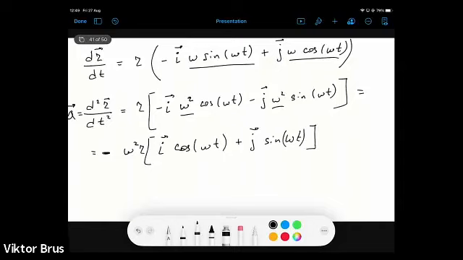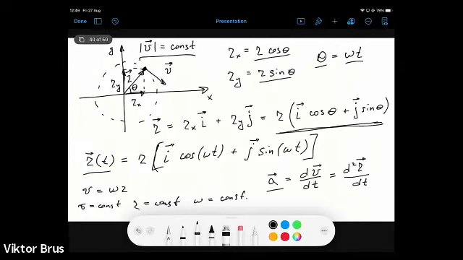Okay. Do you see some similarities with previous equations which we considered? If we take a look at our previous slide, this is how we define our radius vector, our position vector: r times i vector times cosine omega t plus j vector times sine omega t.